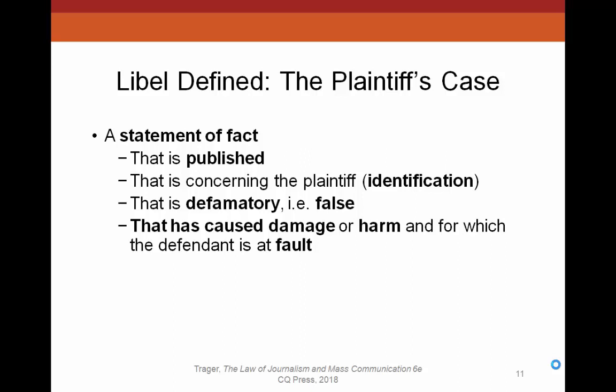So, it is a statement of fact, published, so it has to be communicated to a third party. Concerning the plaintiff is the identification part. Defamatory, so it's false, that has caused harm, and again, the defendant is going to be liable for that.